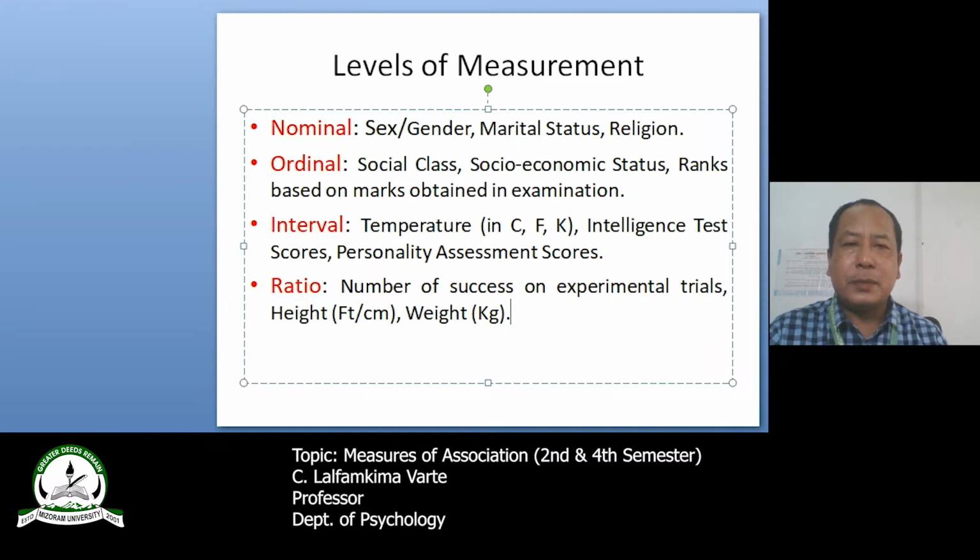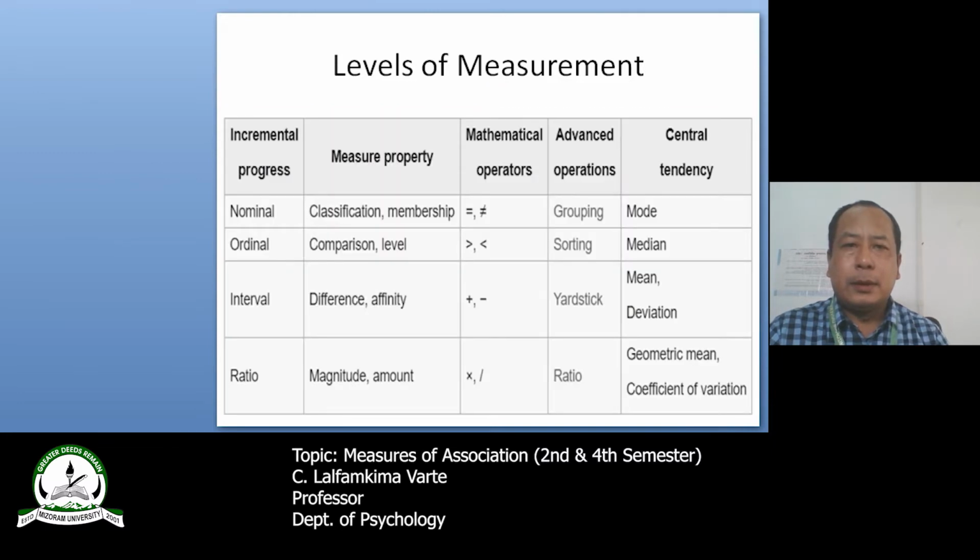At the third level, we have the interval level, examples of which can be temperature, say for example in Celsius, Fahrenheit, or Kelvin. Other such examples can be intelligence test scores and personality assessment scores. At the highest level, we have the ratio scale, examples of which can be number of successes on experimental trials, height in feet or centimeter, and weight, say for example in kilogram.